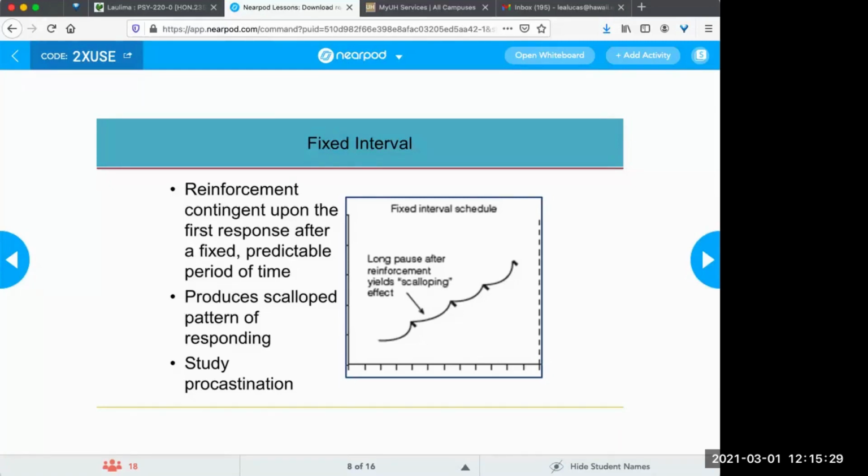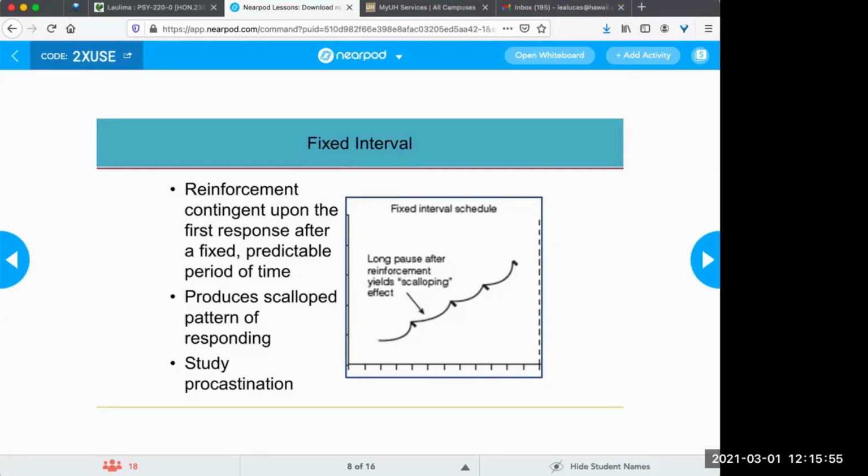So if you think of your paycheck, you get your paycheck at a fixed amount of time every week. It may be once a week, it may be the 15th of the month or the 30th of the month. It may be once a month, but you get it at a fixed interval of time. A fixed amount of time passes before you get your paycheck.